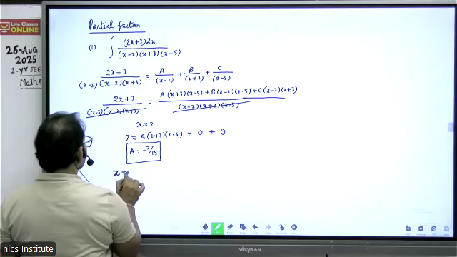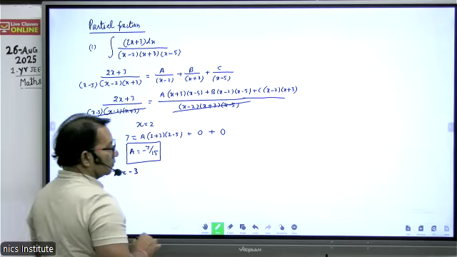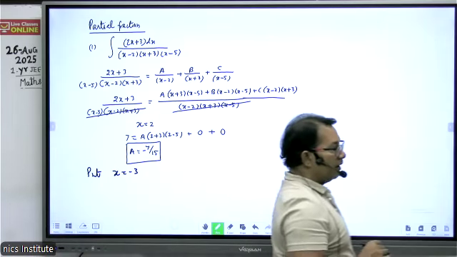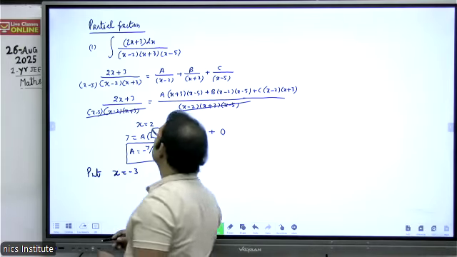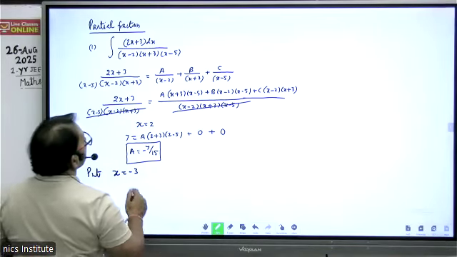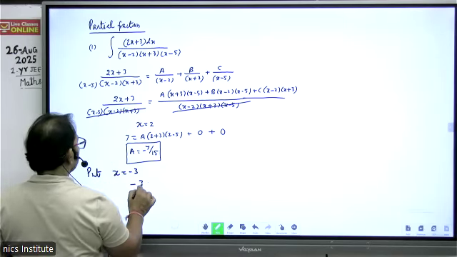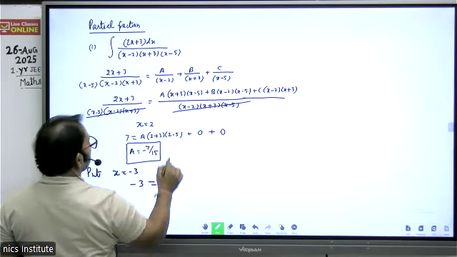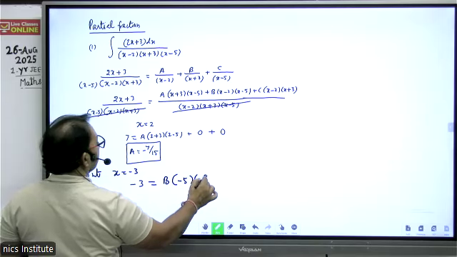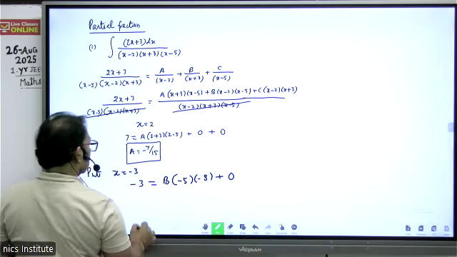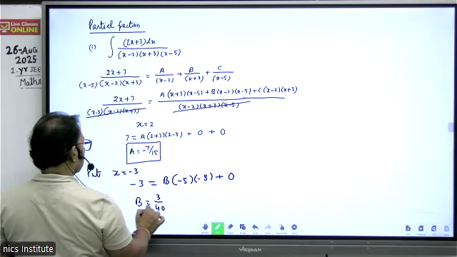Substitute x equal to minus 3. If I substitute minus 3, it will be minus 6 plus 3, minus 3. This will be 0. This would be minus 5, minus 8, and will be 0. So B is coming out to be 3 divided by 40.